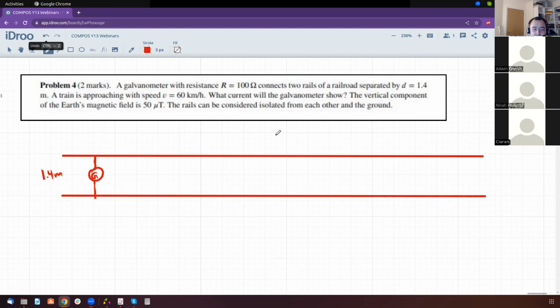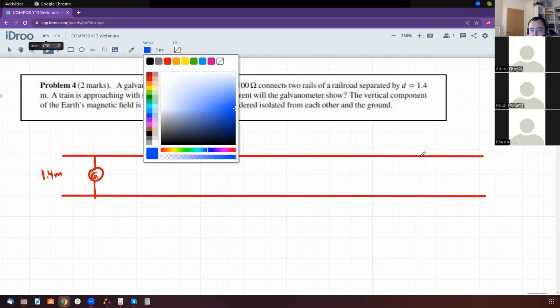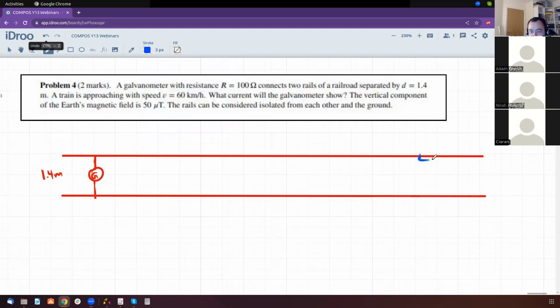A train is approaching with speed. And as you know, trains have these wheelbases, which look like this. The wheels of a train.